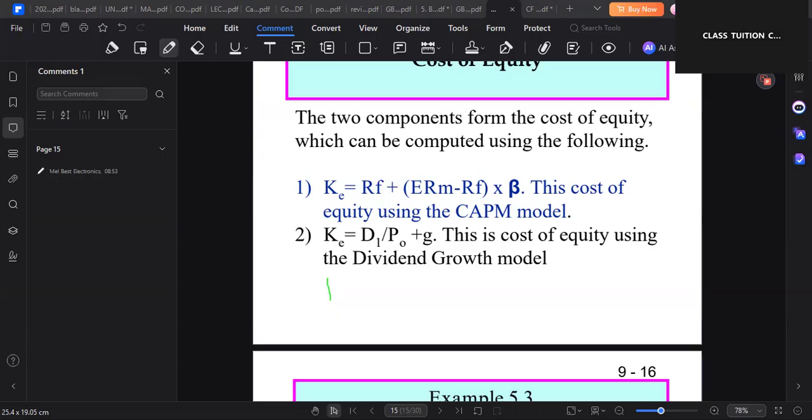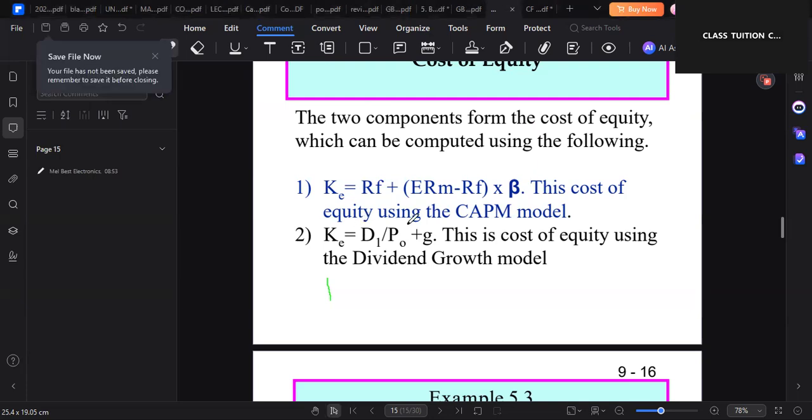Just follow the way it is. You're just replacing the D1 by D0 times 1 plus G. So here where there's D1, just put D0 times 1 plus G over P0 plus growth.